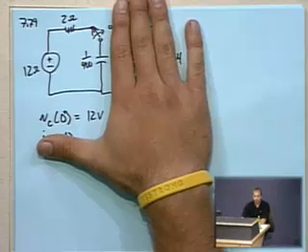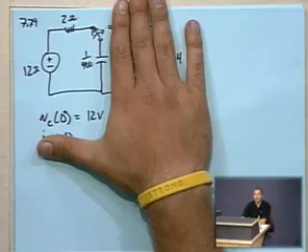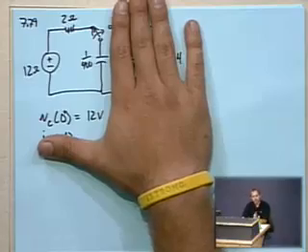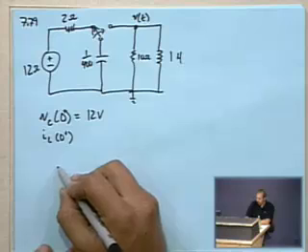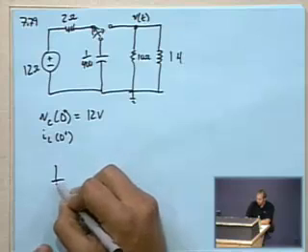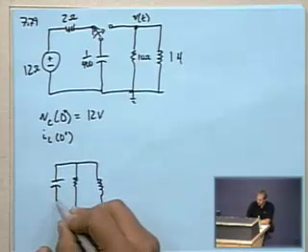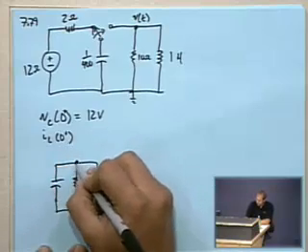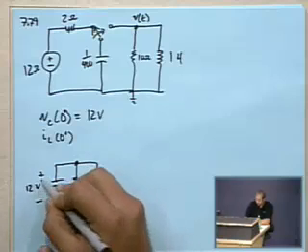And so I solved the problem with I of C equals 0. But that's not right. You're supposed to look at the initial conditions at time equals 0 plus, or just after the switch changes. So we're looking at a circuit where there's the capacitor, the resistor, and the inductor, all sitting here, and we know that there's 12 volts across this capacitor.